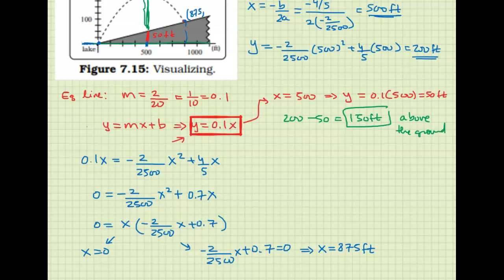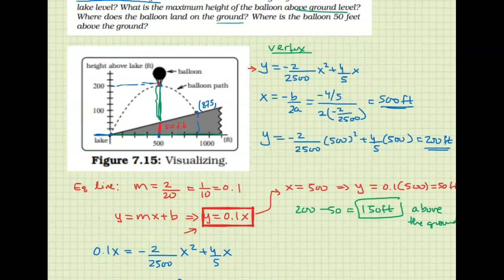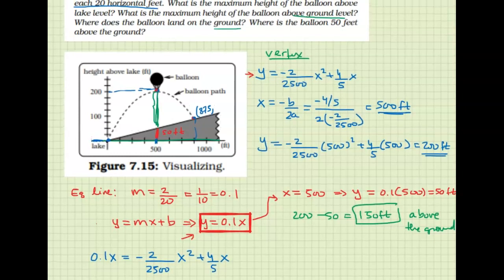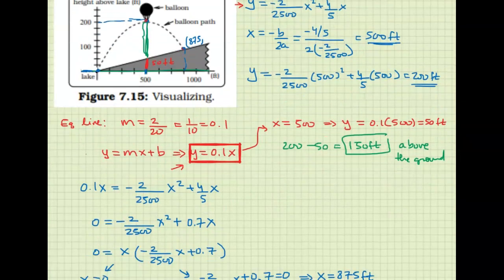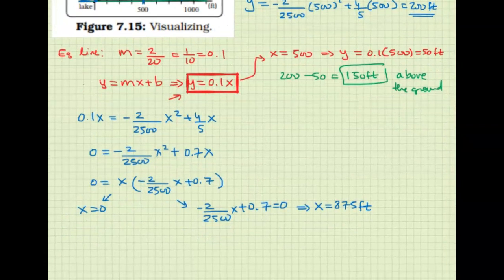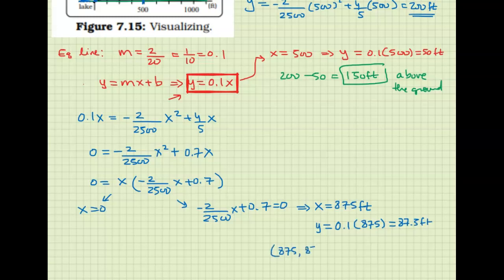Do we need the y value? Where does the balloon land on the ground? Yes, let's find the coordinate point. The y value is going to be 0.1 times 875, which is 87.5 feet. So 875, 87.5, that's the coordinate point where the balloon is landing.